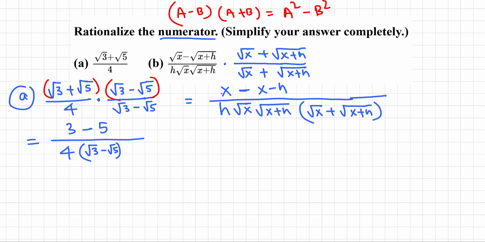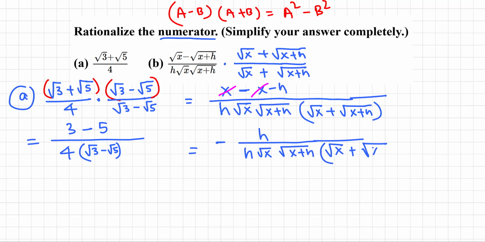On the top now, x minus x cancels. Minus h survives. We can put the minus in front, h over everything on the bottom: h times root x plus h, root x plus h.